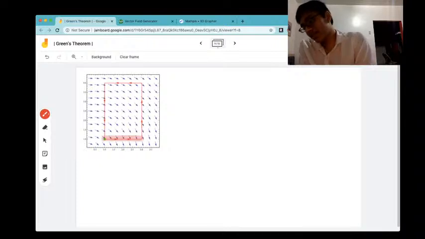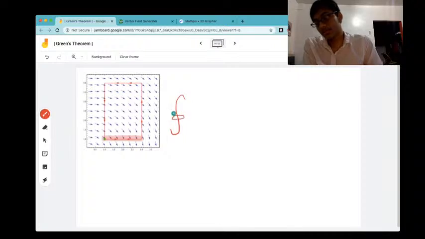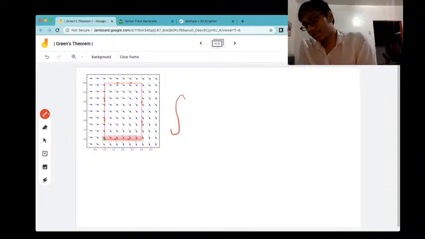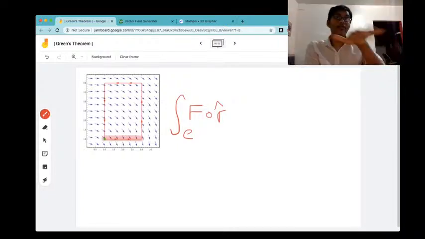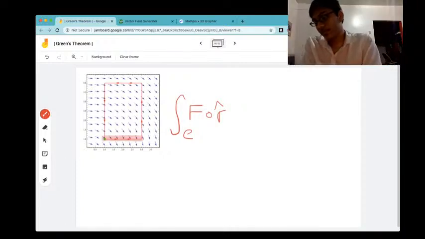So my line integral is going to be, well, this one's not closed yet, on the curve or path C. I'm going to take the dot product of F with the unit tangent vector, because we want to see how much the field is going in the direction of our path, ds.